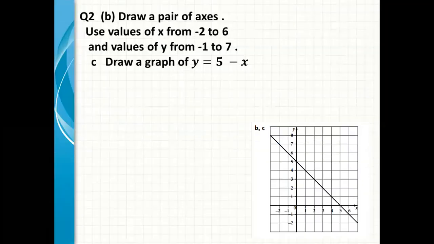The next point is -1, 6, we put a point. For 0, 5, we put a point. So we get points on it, and in the end, you just match your points. When you finish all the pairs on your table, you get a lot of points that if you match them, you get a straight line. And this is the straight line that you get. Thank you, Miss. Clear? Yes.